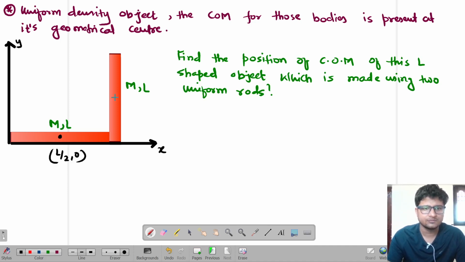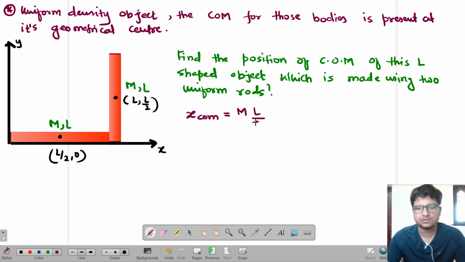For this other rod the center of mass will be at L comma L by 2, and masses will be m. So if I want x center of mass, it will be M times L by 2 divided by the total mass, M plus capital M. So this is L by 4.